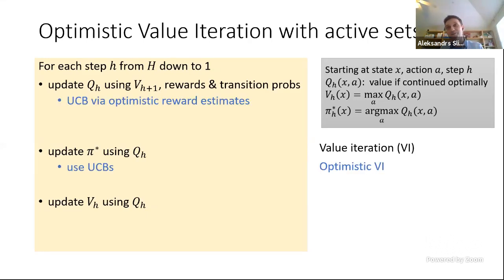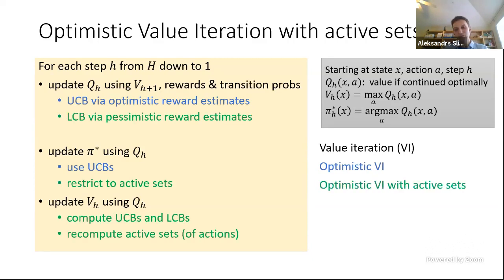Then optimistic value iteration: you don't know the rewards and transition probabilities, so instead you plug in optimistic estimates of the rewards, and this way you have optimistic estimates of the Qs and so forth.